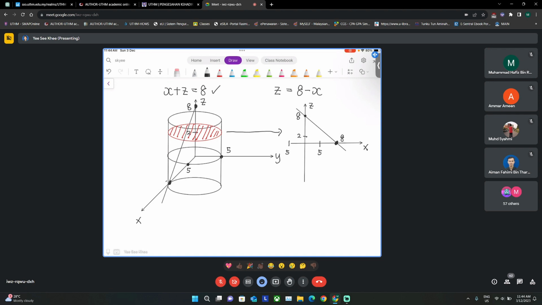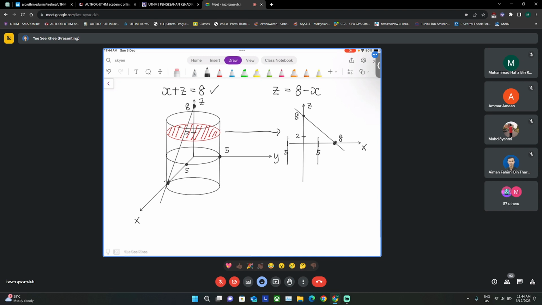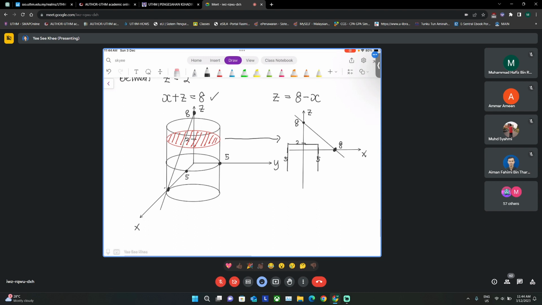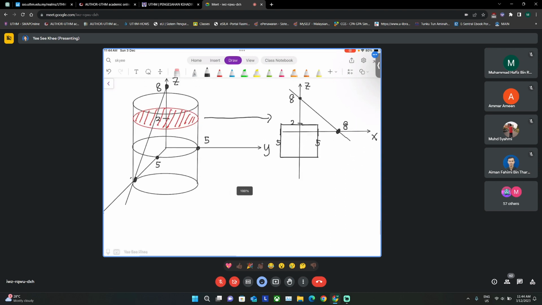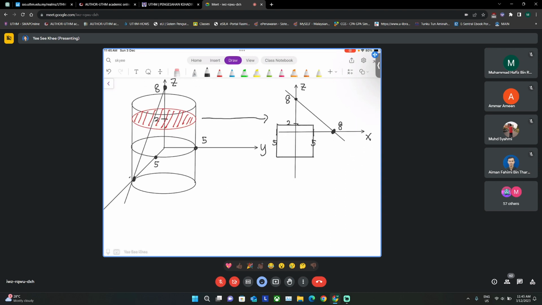This is how I draw a cylinder in 2D. This is a side view, 2D view. 2 is here.